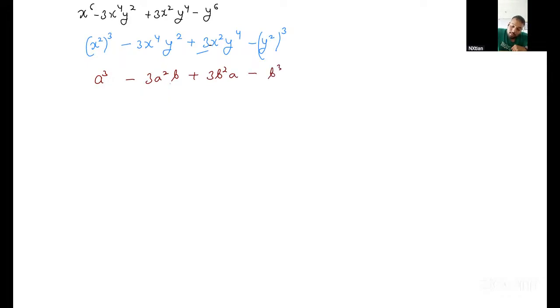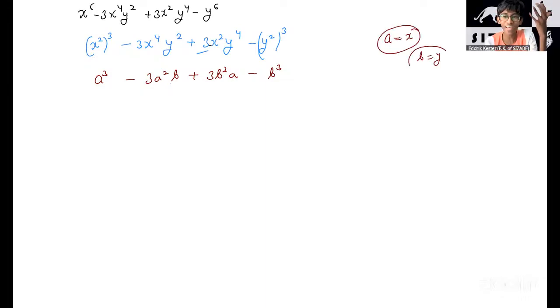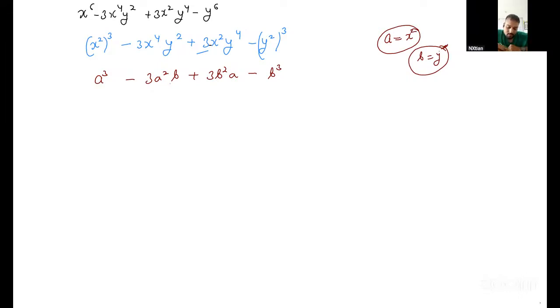So now if you compare this, a is equal to x and b is equal to y. Not square. A is equal to x square, b is equal to y square.